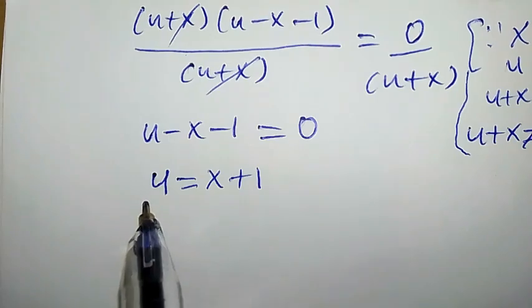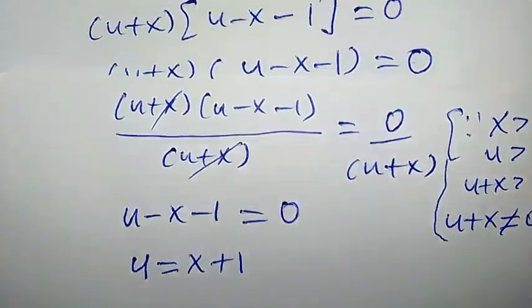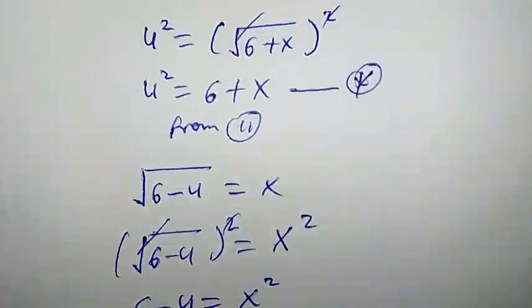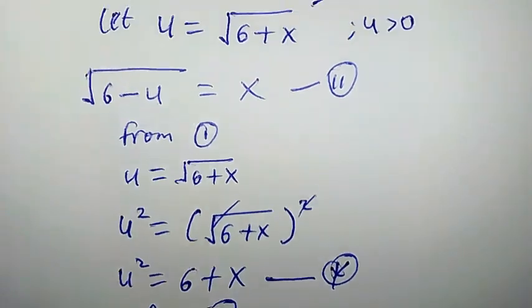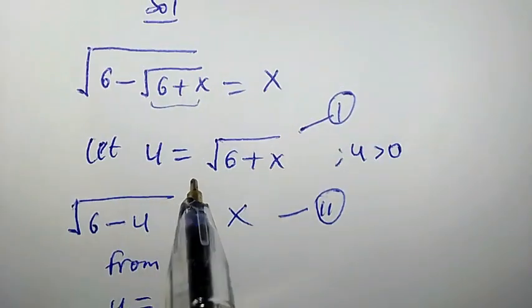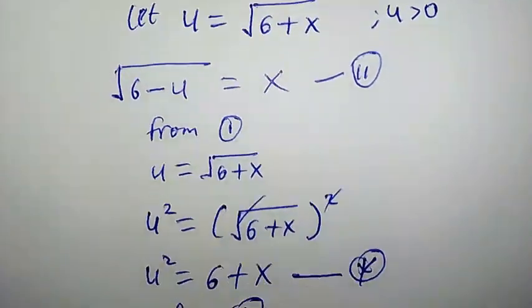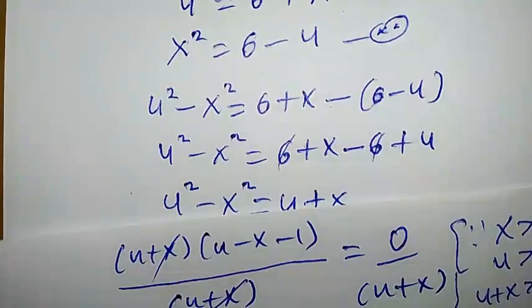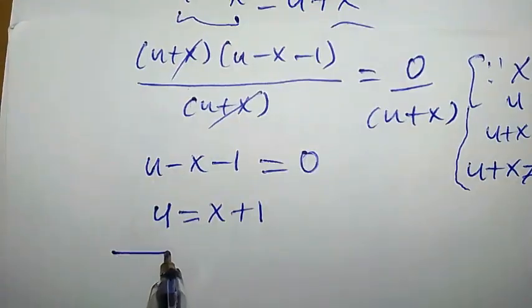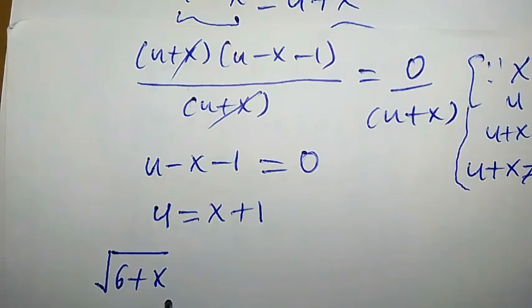But what is u? Let me show you. Our u is equals to square root of 6 plus x. That's equation 1. Let's continue. So we have square root of 6 plus x equal to x plus 1.